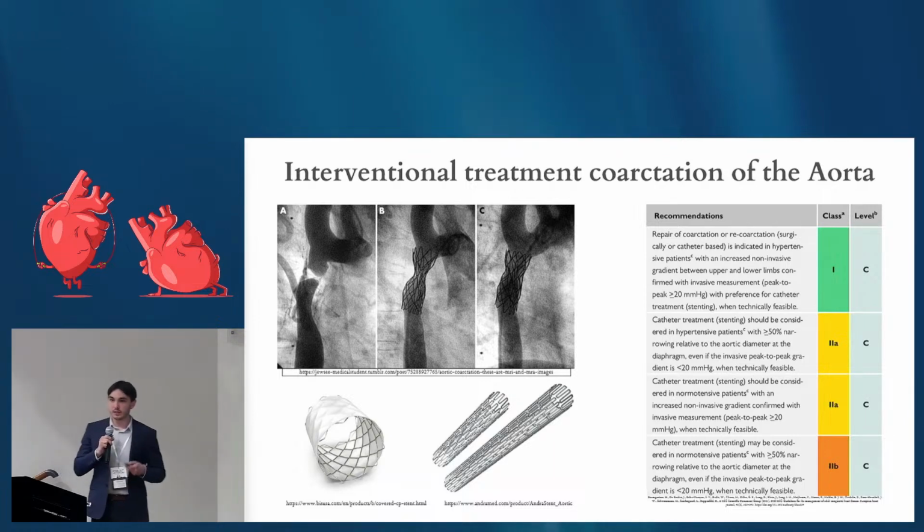But the guidelines do not recommend any particular type of stent, and we have basically two types of them, the covered stents. The advantage of these stents is that we can apply greater pressure during the implantation, and in bare metal stents there is no risk of occlusion of one of the aortic branches.